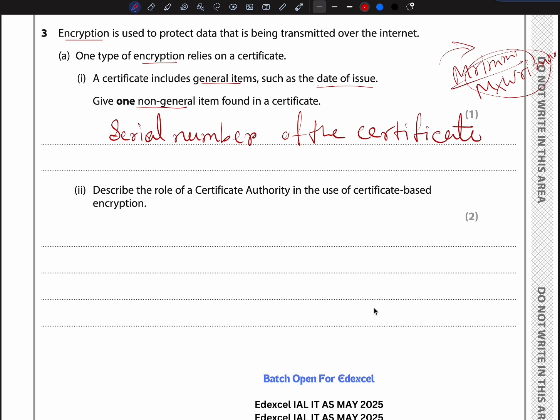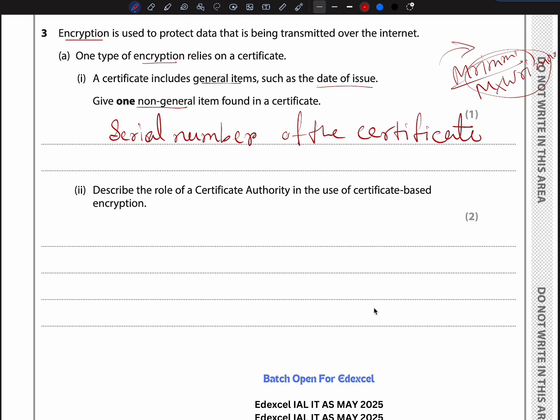So the task or the role for them is that they get the certificate and they try to validate whether it is actually authentic or not. Besides that, the university is also responsible for issuing the certificate, right? When a student has graduated, they also get a certificate.